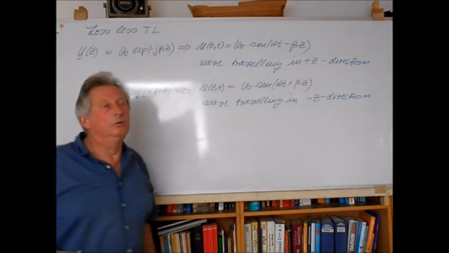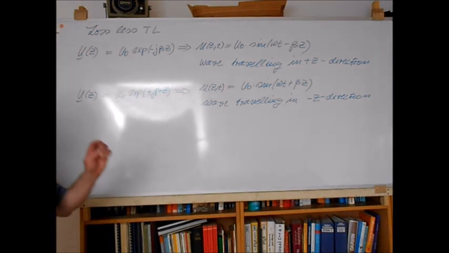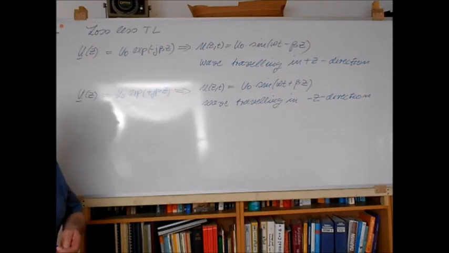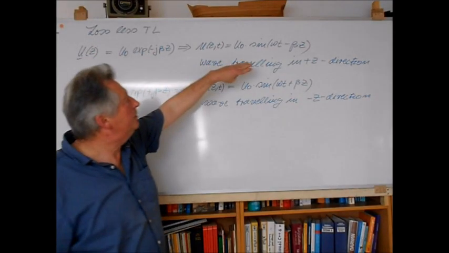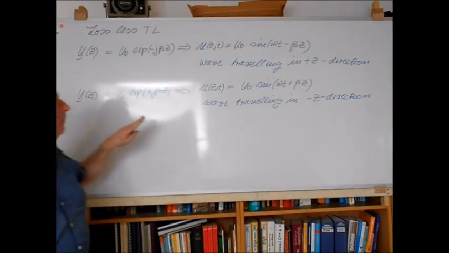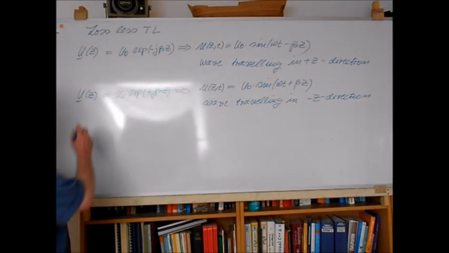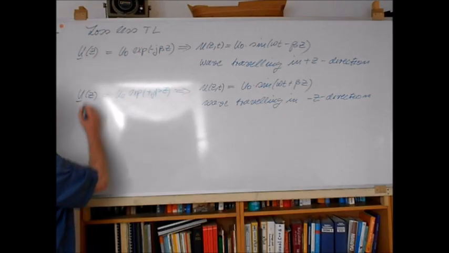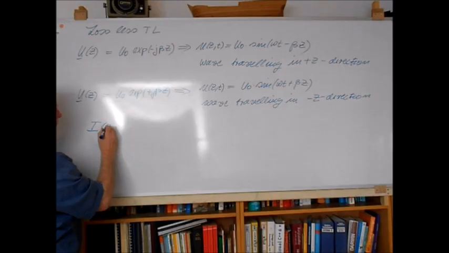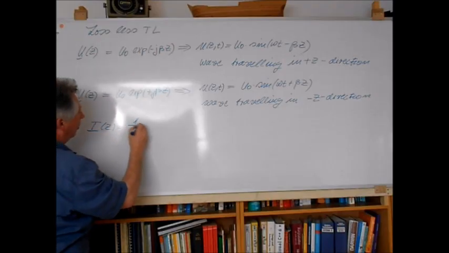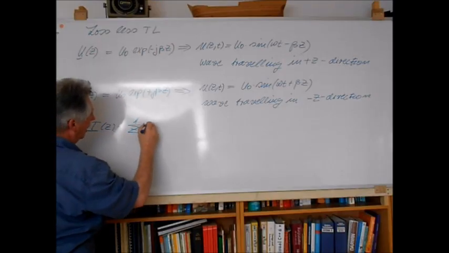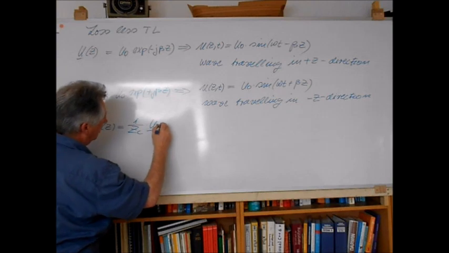So we can conclude, if I have an infinite transmission line, there are in principle always two waves possible, one wave traveling in the positive z direction and one wave traveling in the negative z direction. And of course, if I assume now just this result, we will have that I of z is equal to 1 over zc times u of z.